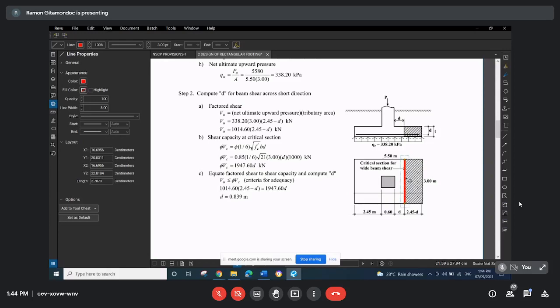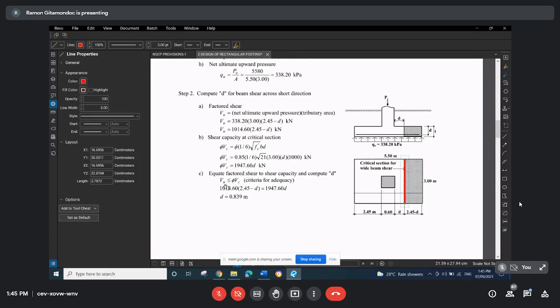We calculate the shear force that will act at this critical section, which is simply the upward pressure multiplied by this tributary area, the area outside the critical section for shear. We have the calculation here in step 2A, then the shear capacity in step 2B. For beam shear, we have phi 1/6 square root f sub c prime b d. From steps 2A and 2B, we have the shear force and the shear capacity in terms of the effective depth.